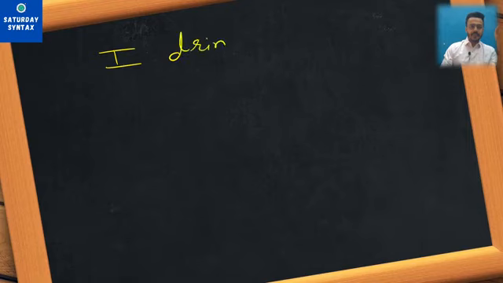In this slide, we just need to clear all the points given in the previous slide. Say for example, point number 1, which was to identify your subject, verb and object. So let's have an example: I drink tea. I hope it is clear for everybody. This is a simple sentence.